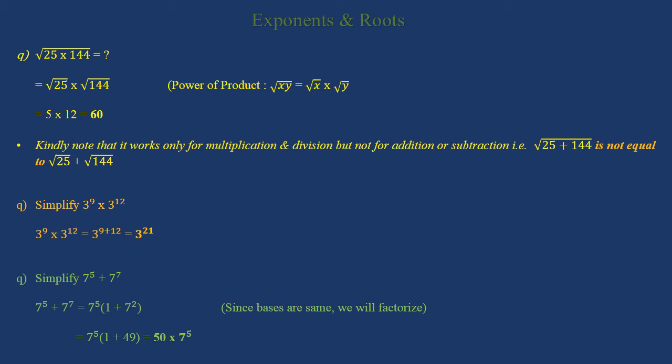Since the bases are the same, we will factorize it by writing 7^5 outside, and in the brackets we are going to write 1 plus 7 squared, which is equal to 7^5 into (1 plus 49), and it is going to give us an answer which is 50 into 7 raised to the power 5. Now when factoring terms with exponents, look for the highest common factor of terms and then simplify it, right?